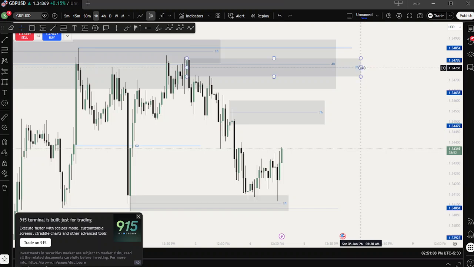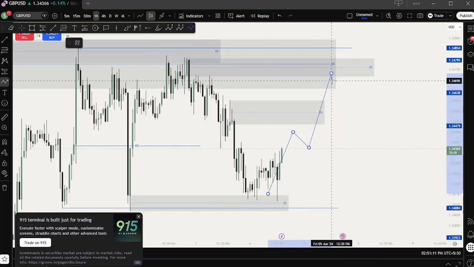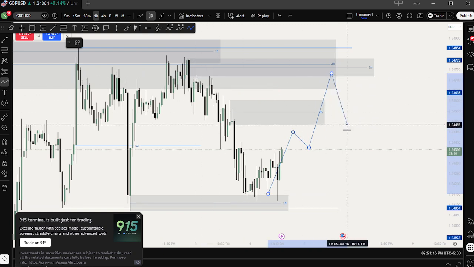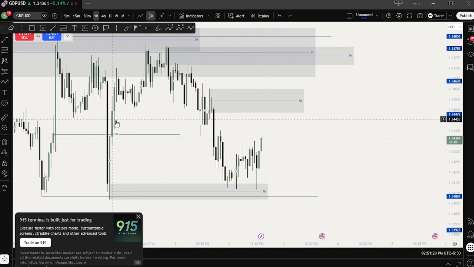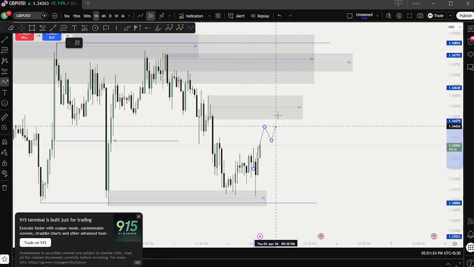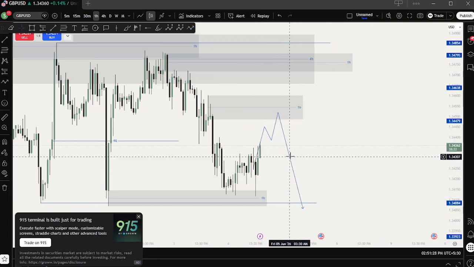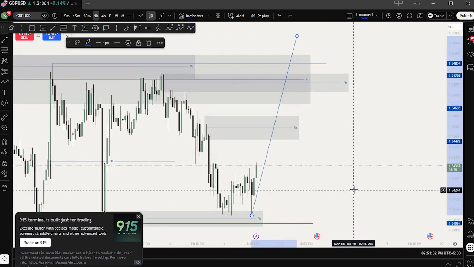What I would personally like is price to come up here, mitigate this POI again, taking the liquidity formed here, to then continue that underlying trend. But there is every possibility that price comes to this point and then wins. And the last scenario is price violates it all the way up.